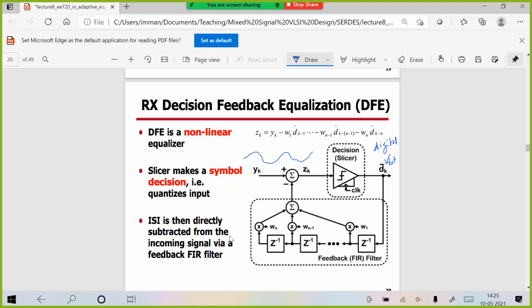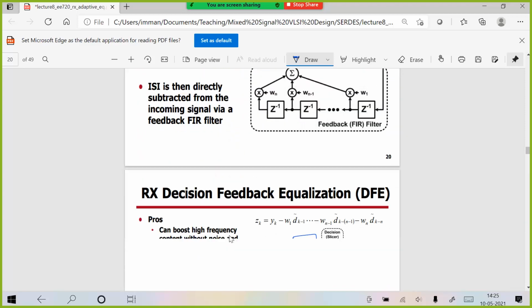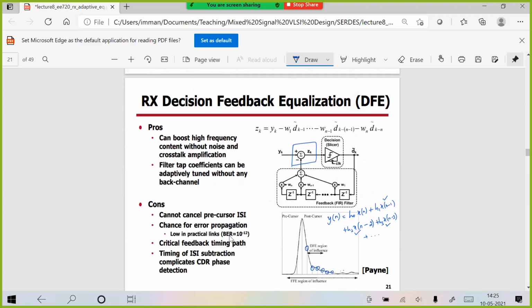So of course, the correct word to use is that this is an estimate of the ISI, and then you subtract that estimate. Okay, so what are its advantages? Of course, the biggest advantage is that it can boost the high frequency content without amplifying noise and crosstalk.